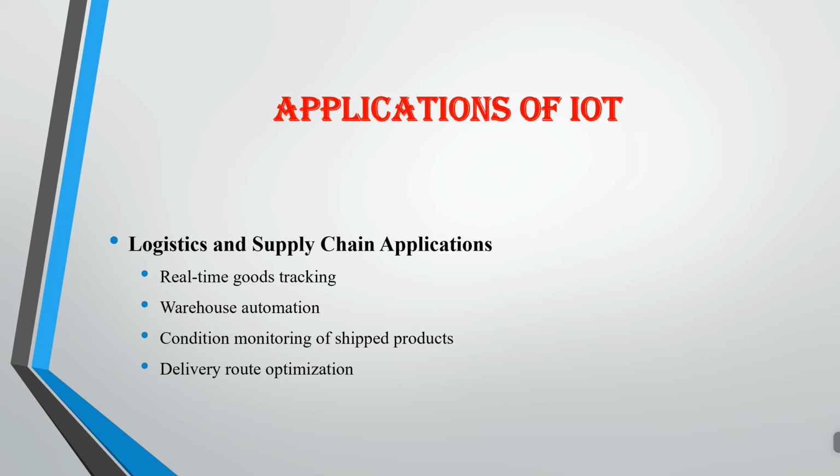Then warehouse automation. Warehouse automation means knowing what items are required, what items are present, and what items are to be procured. Today we are all living in the world of Blinkit and Big Basket. Warehouse automation is very important for all these types of industries. When you place an order online, a particular item should be available in their warehouse.